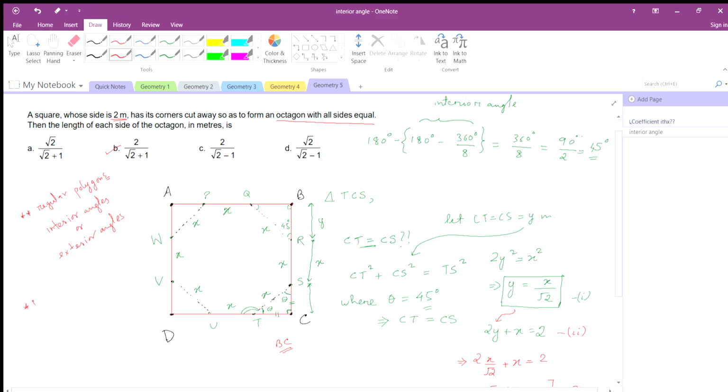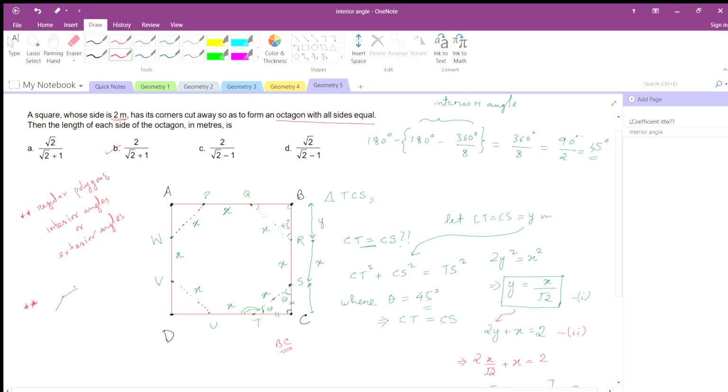Second, since I have solved a lot of questions on octagons, I have realized that if any question gives you the sides, angles or area of an octagon, it may not always work, but it's generally easier if you draw a square.